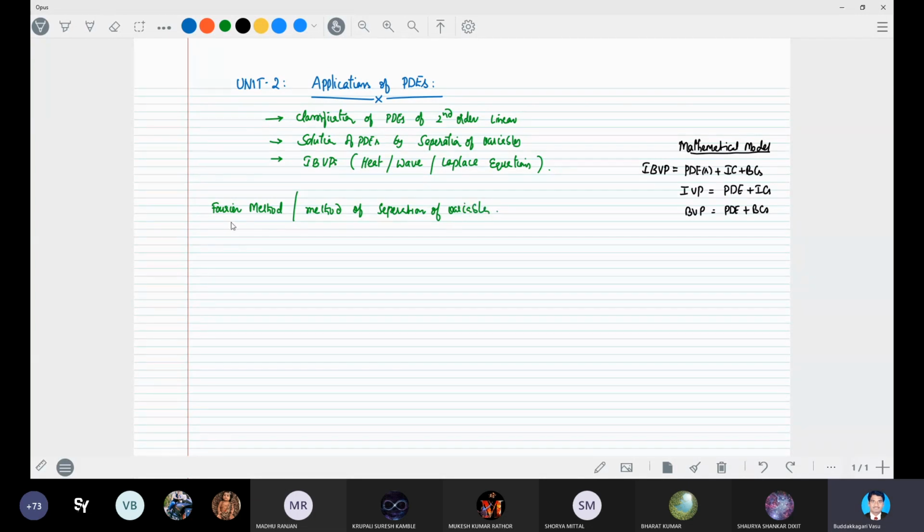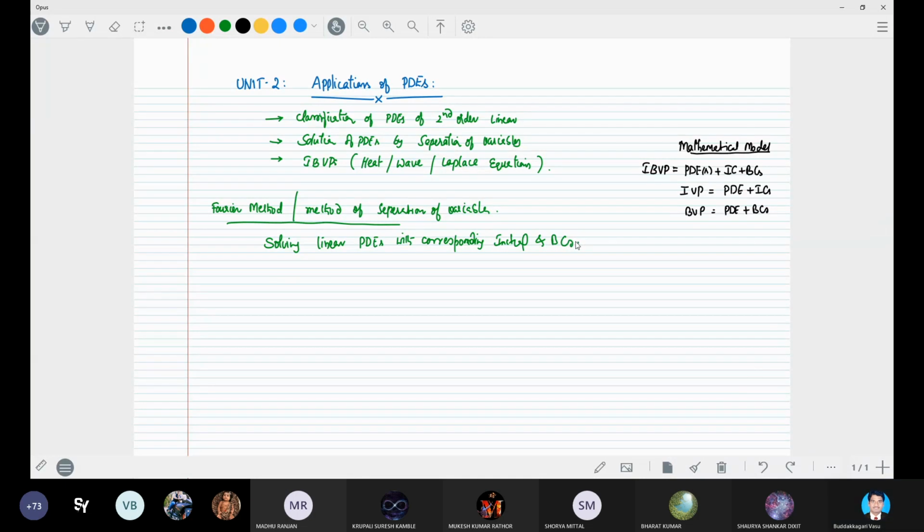Okay, that means solving the partial differential equations. The method for solving linear PDEs with corresponding initial and boundary conditions.